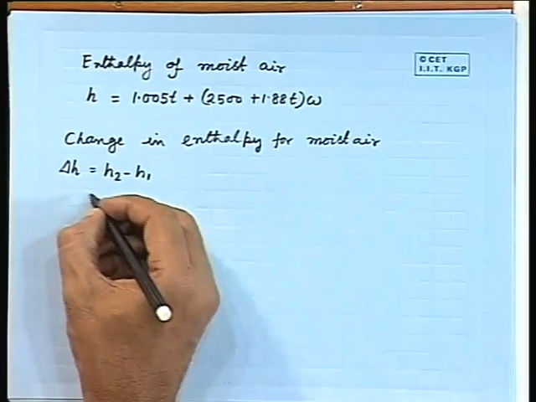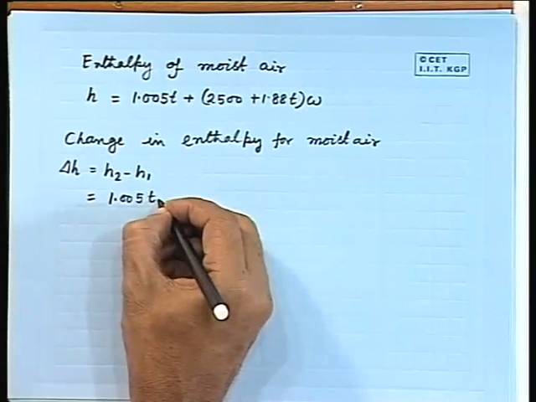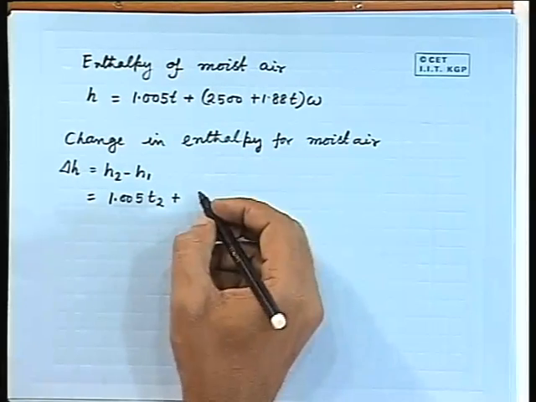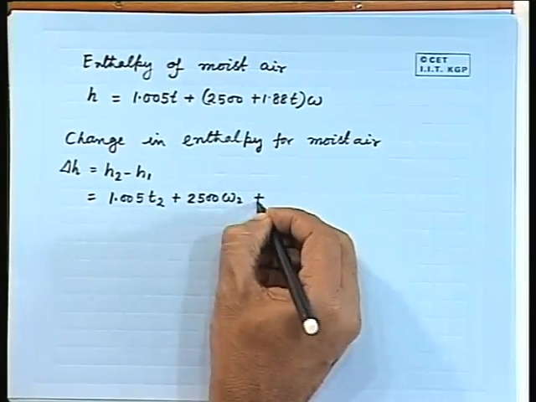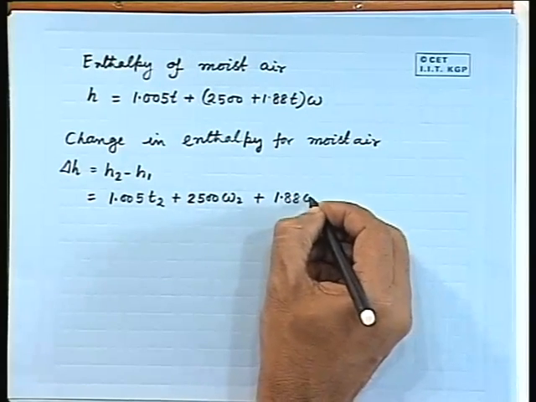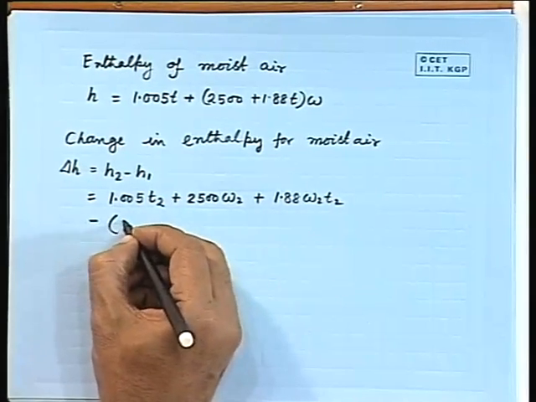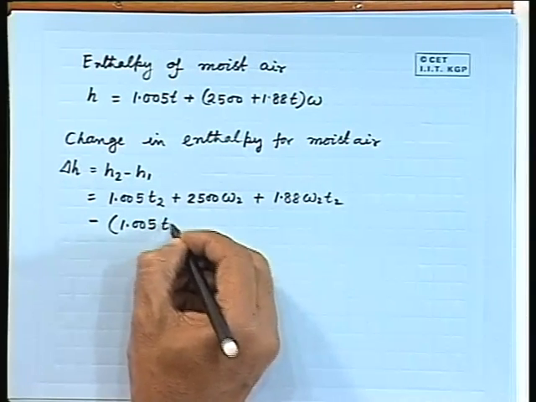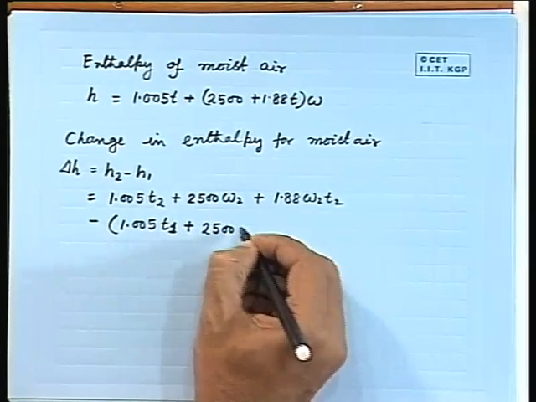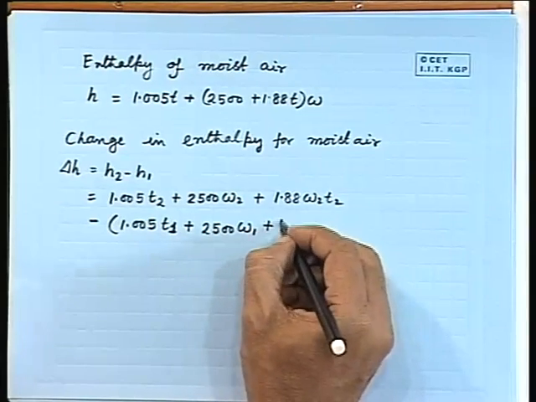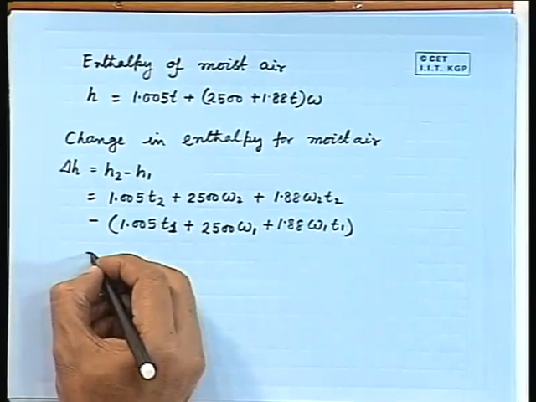So, H2 is equal to 1.005 T2 plus 2500 W2 plus 1.88 W2 T2, minus 1.005 T1 plus 2500 W1 plus 1.88 W1 T1.